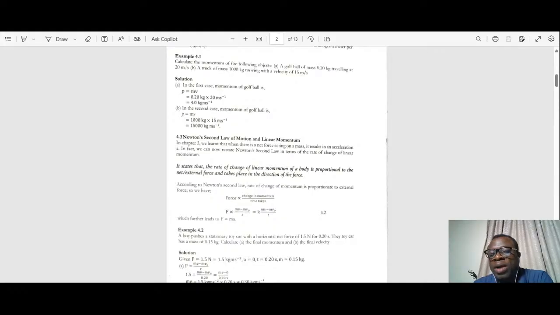Okay, I think you have the textbook there now. So there's no point copying. Just take note of the necessary points that I'll be making.